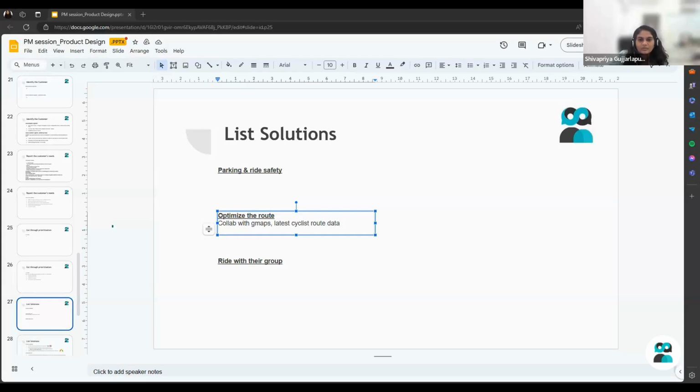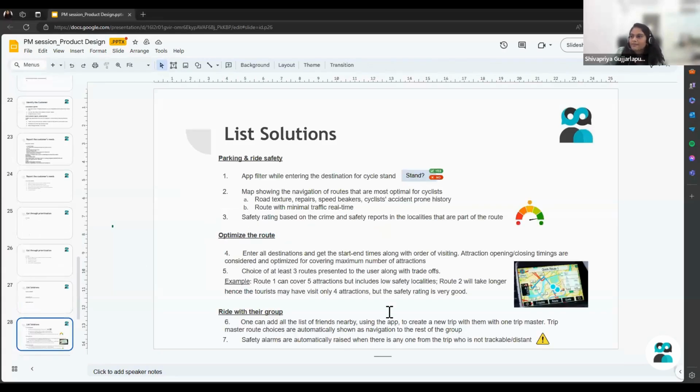If the ride is not completed, an SOS sent from the mobile app, absolutely, that's a great safety feature. I think I see someone else also saying the same. Sure, I'll list the solutions that I came up with for each of these segments. Basically, I'm talking about an app filter for parking and ride safety.